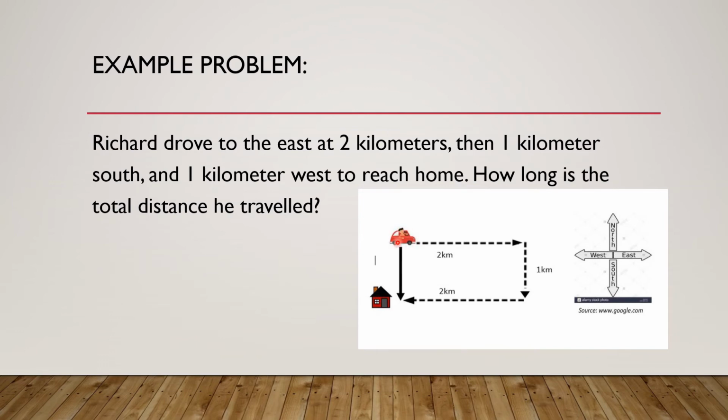Nanggaling siya dito, uuwi siya sa bahay niya, nag-drive siya papunta doon ng 2 kilometer, papuntang east. Tapos, bumaba siya papuntang south ng another 1 kilometer. At ang papunta doon sa bahay niya is another 1 kilometer. As another 2 kilometer. Kung mapapansin ninyo, that is represented by a broken line.